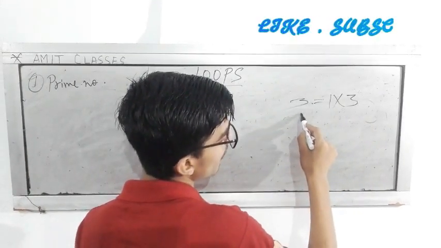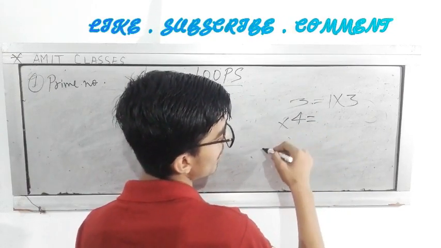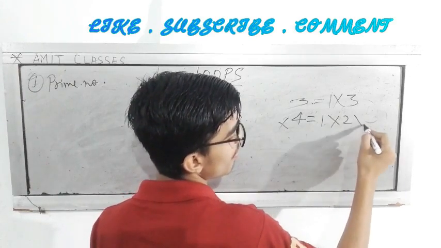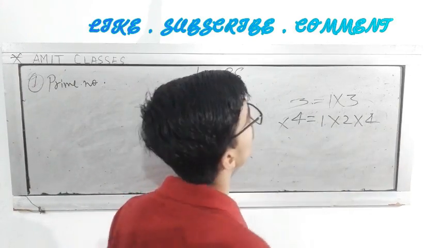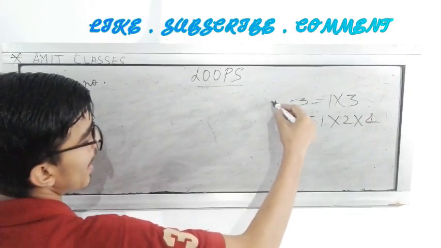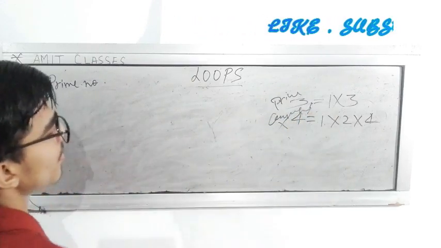If we write here 4, then it is not a prime number, because it has more than 2 factors. So this is the only difference between a prime number and a composite number.